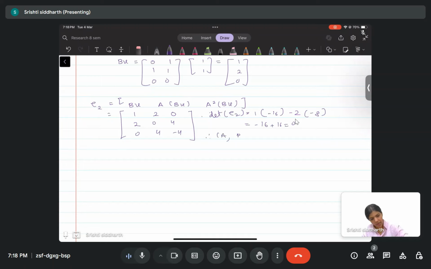Where it is not controllable. So for this choice of V, the pair A and BV are not controllable. We have to check for some other V. Start with the basic one.